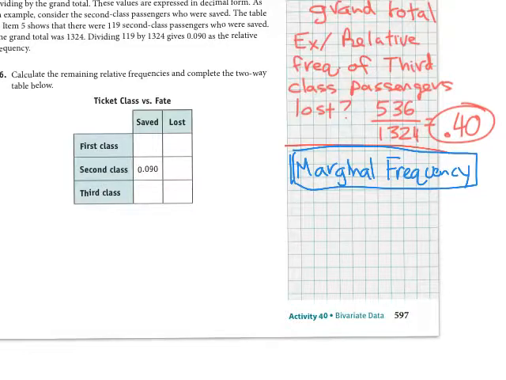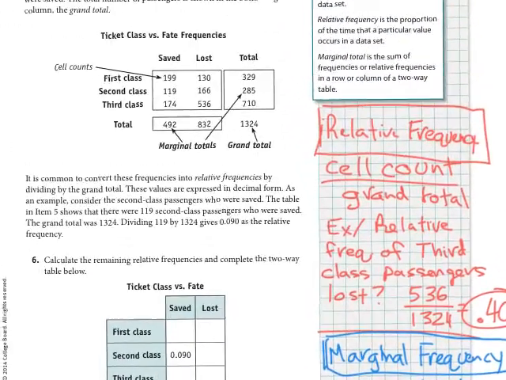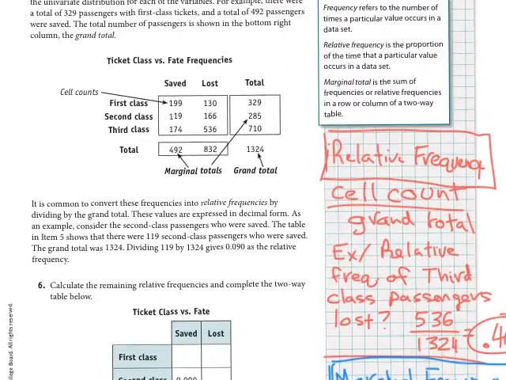Let's use a better word for that: a marginal total divided by the grand total. Okay, so a marginal total over the grand total. So let me pull back up to the two-way frequency table.